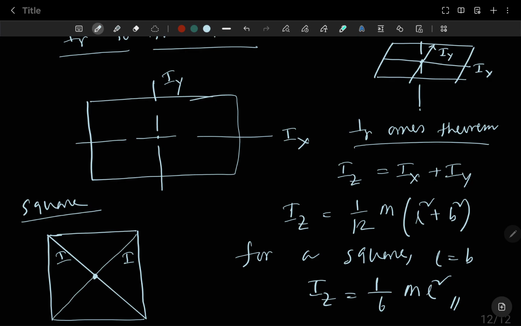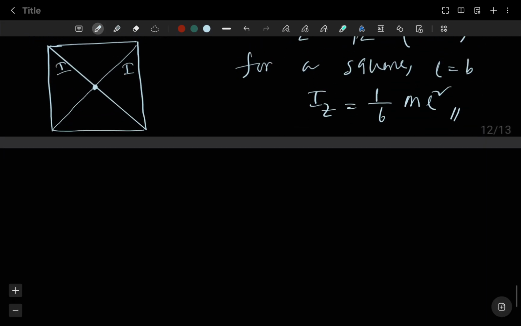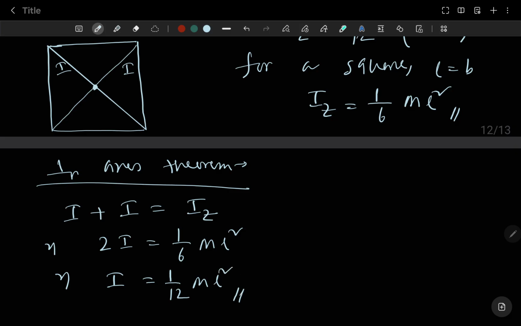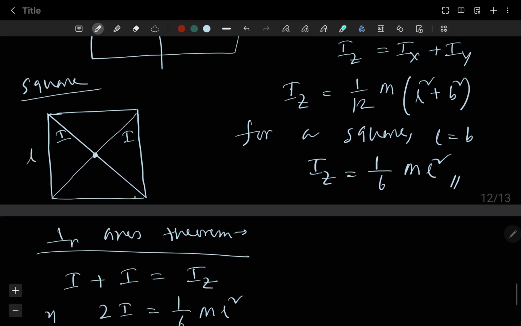Again you can use the perpendicular axis theorem and you get I plus I is Iz, so 2I is 1 by 6 m l square, so about a diagonal it will be 1 by 12 m l square again, where L is the side length. Clear? About a diagonal.